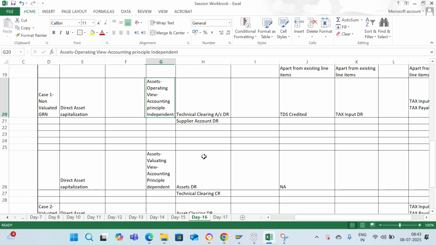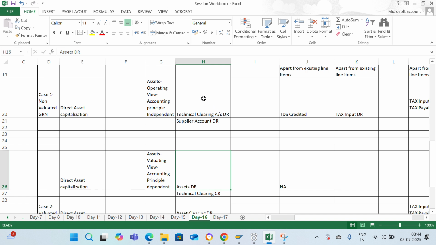So we understood that at the time of invoicing, there are two accounting entries that get generated. One is accounting principle independent, another is accounting principle dependent. Accounting principle independent view is also called operating view, and accounting principle dependent view is also called valuating view. So asset gets debited or capitalized only in the valuating view, which is an accounting principle dependent accounting entry.